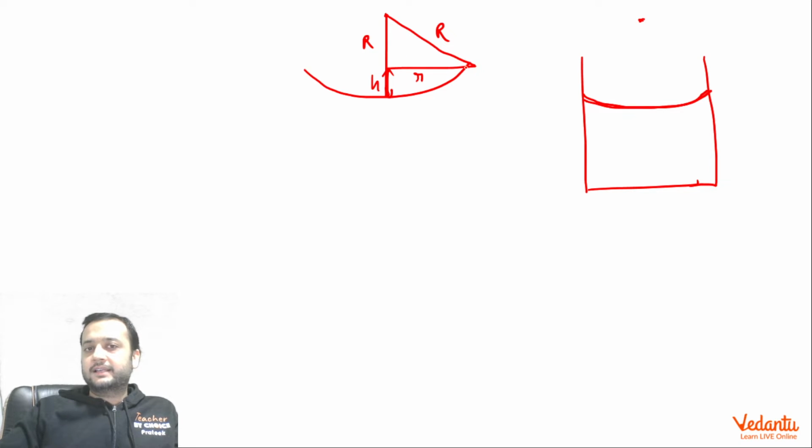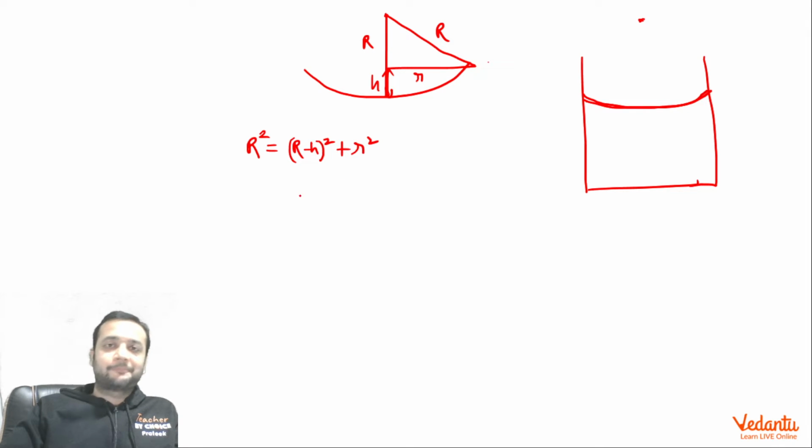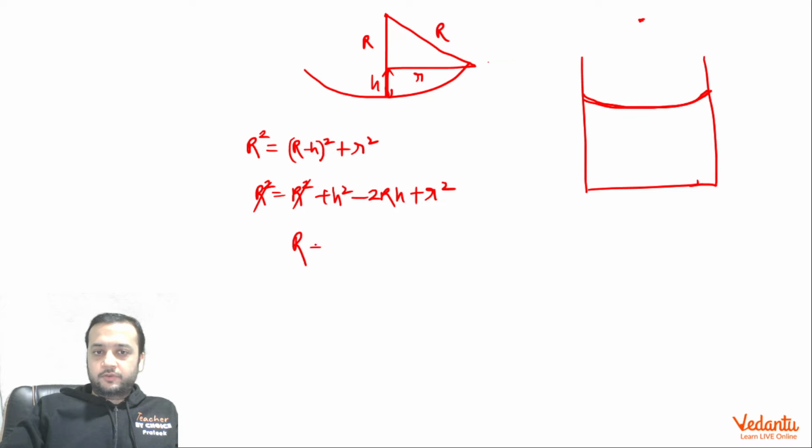So we can say that in this Pythagoras triangle, R square is equal to (R minus h) square plus small r square. So this becomes R square is equal to R square plus h square minus 2Rh plus small r square. R square will cancel out, and from here we get R as (h square plus r square) divided by 2h, right?